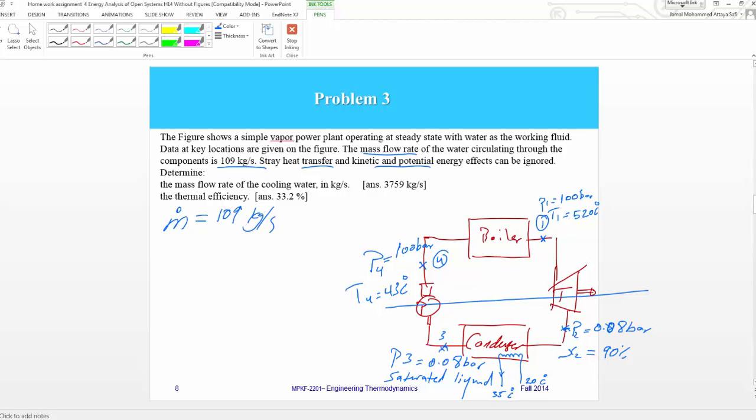It's actually similar to the previous problem. And then it wants us to find the thermal efficiency. Finding thermal efficiency means that for all the devices, we need to find the work and we need to find Q. So we need to apply first law of thermodynamics for all the devices before we can find the thermal efficiency here.